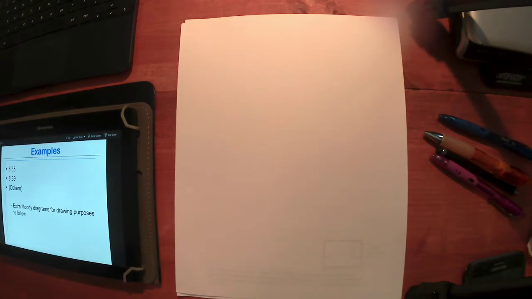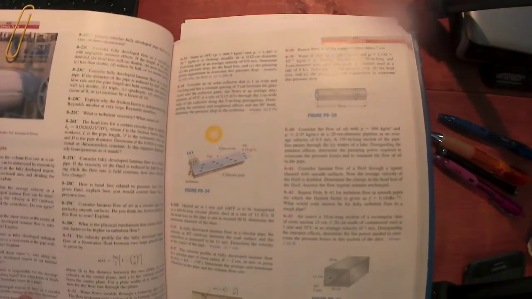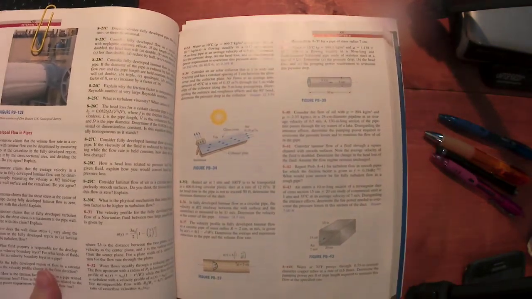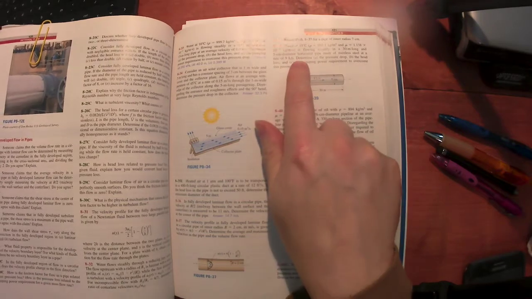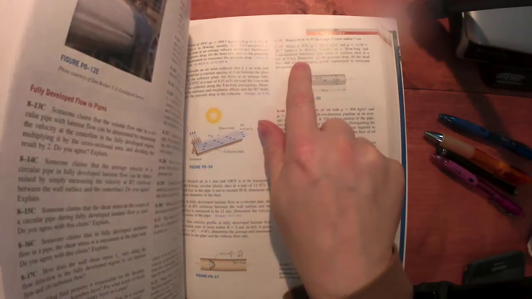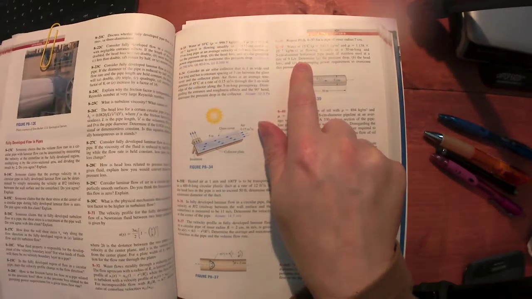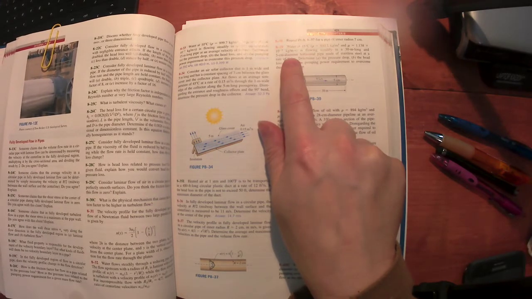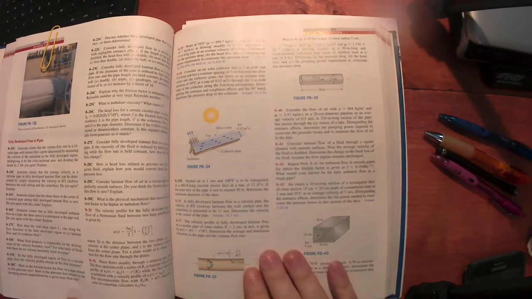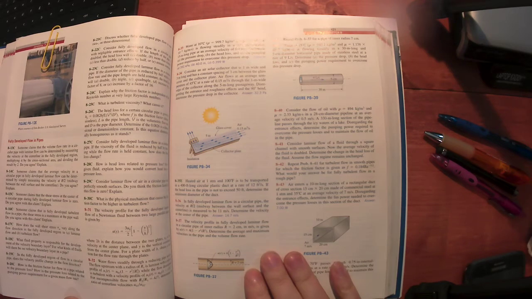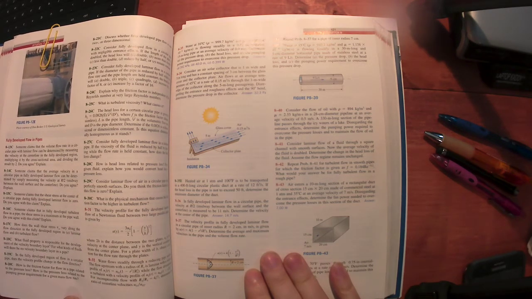When we're talking about estimating pipe friction, this is Cengel and Cimbala, third edition, number 8-39, which we're going to look at first. We've got water, and they've given us a temperature. That temperature will tell us the properties of the fluid.